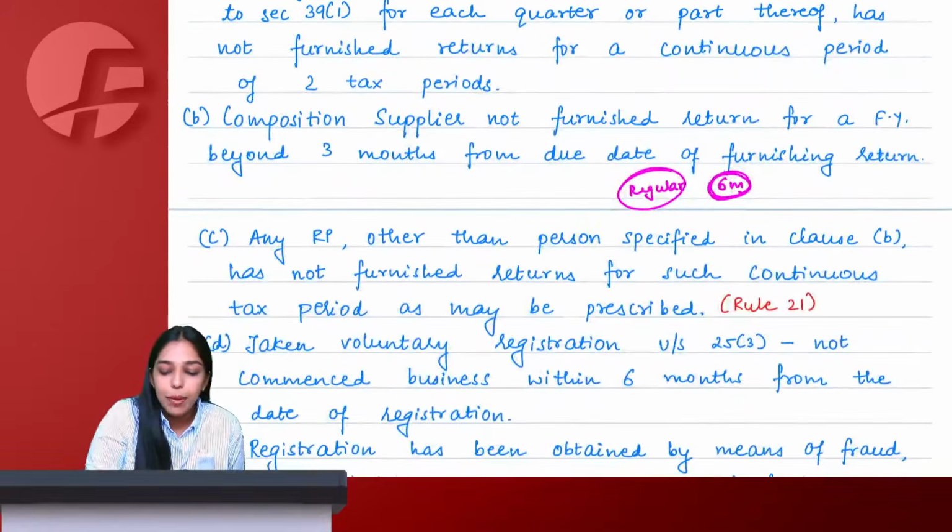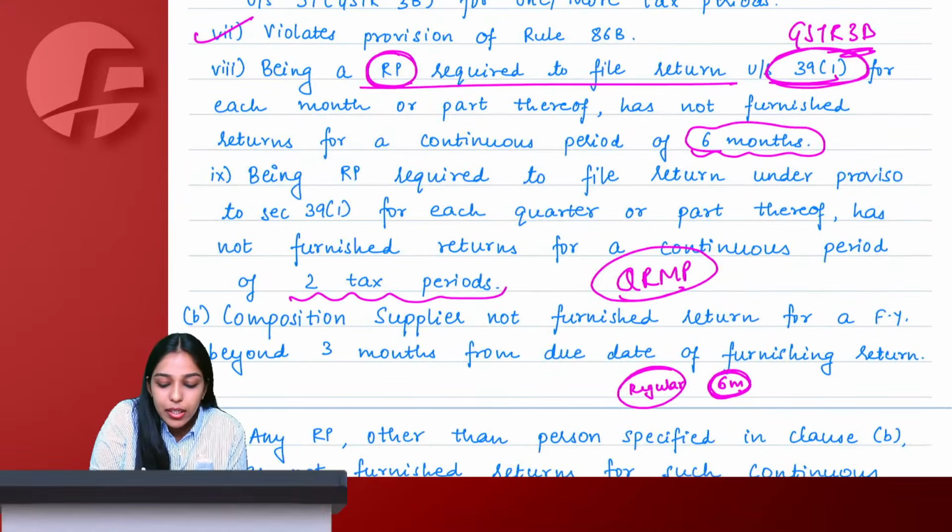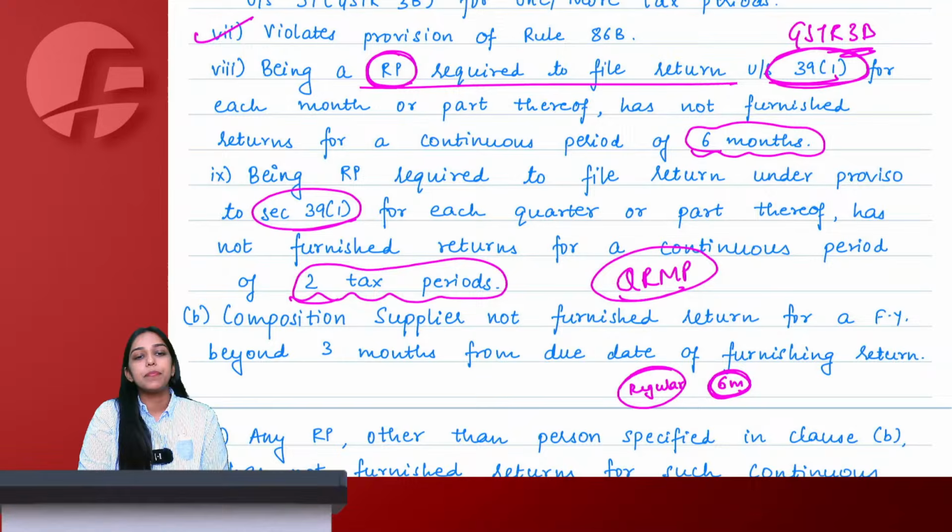Or if I am a QRMP person, quarterly return monthly payment person who has to file returns quarterly only, then in that case, it is 2 tax periods I have not filed my GSTR-3B. 2 tax periods essentially means 6 months only, because 1 quarter has 3 months. So 2 periods would have 6 months.